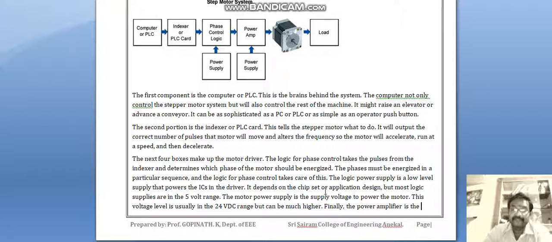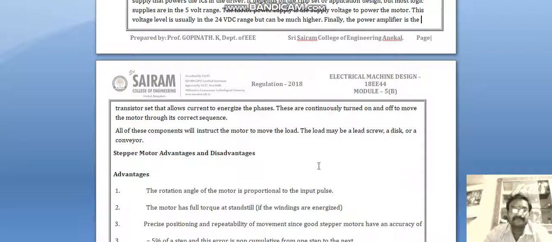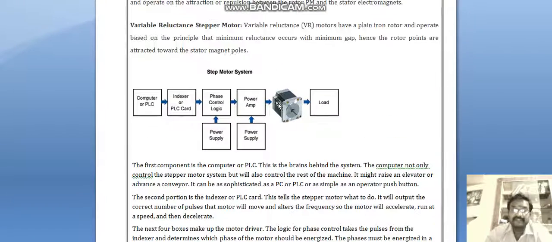It depends upon the chip set or application design, but most logic supplies are 5 volts. 0 and 5 volts are used to decide which coil should be energized. The motor supply voltage is usually in the 24 volt range but can be much higher. Finally, the power amplifier is a transistor set that allows current to energize the phases. These are continuously turned on and off to move the motor through its correct sequence. So this is the operation.